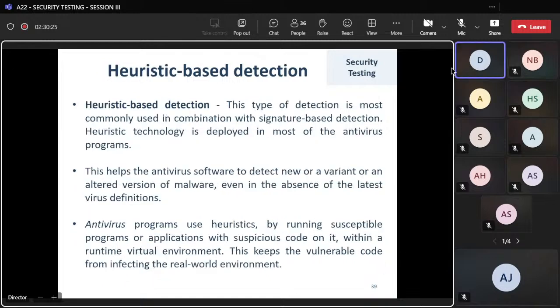In heuristic based detection, this is deployed in some of the antivirus programs. This is to detect any new variant or altered version of malware. Even in the absence of the latest virus definition, heuristics will be able to detect that particular malicious script.